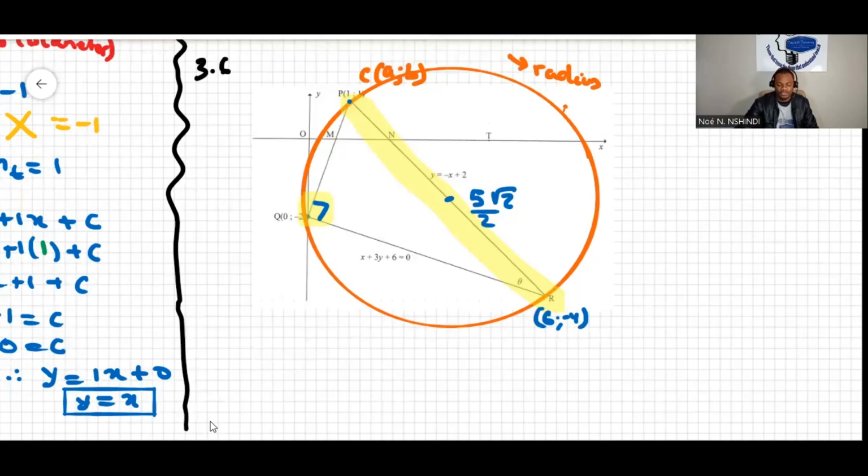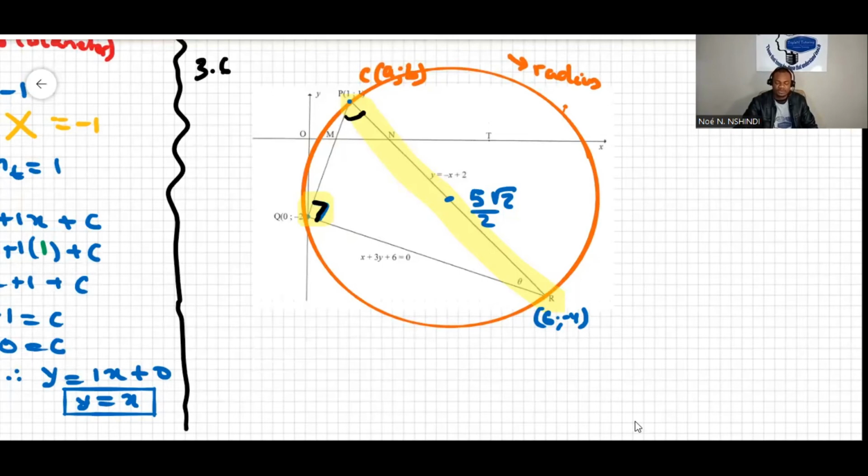We need to find this angle theta. So how can we determine angle theta? We only know that this angle is 90 degrees, but we don't know about this angle, and we don't know about that. There's not much information from looking at the triangle only.